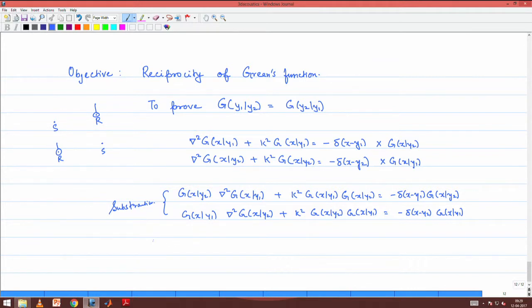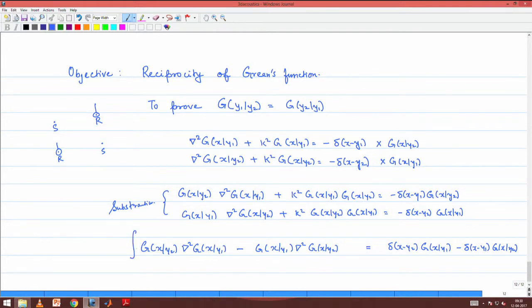So, what we will have is the following: g(x, y2) del square g(x, y1) minus g(x, y1) del square g(x, y2) equals delta(x minus y2) g(x, y1) minus delta(x minus y1) g(x, y2), right, simple enough.